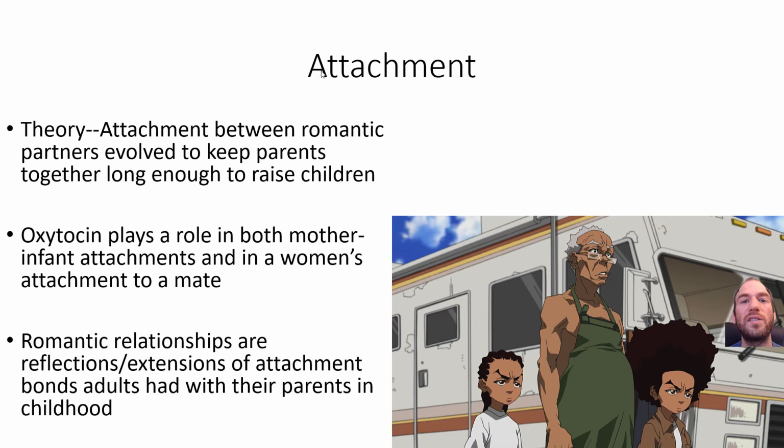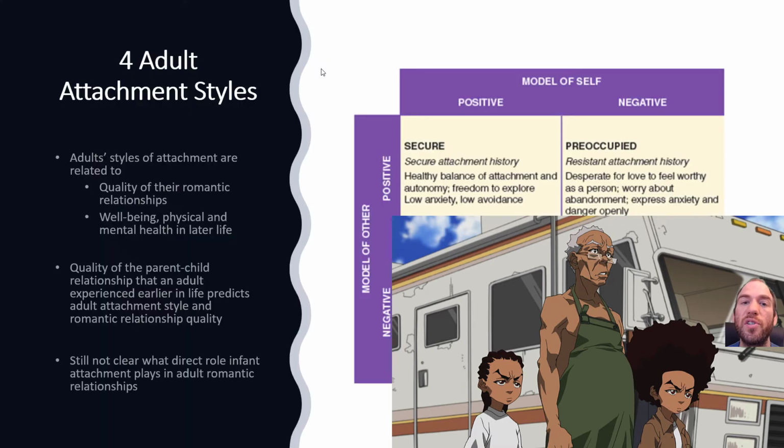But it's also proposed to be a reflection or extension of bonds that an adult had with their parents in childhood. So again, that internal working model, that example developed during childhood or adolescence, is then extended to adulthood intimate partnerships.